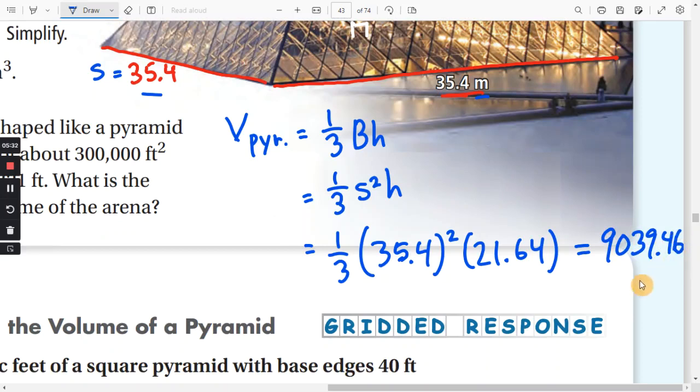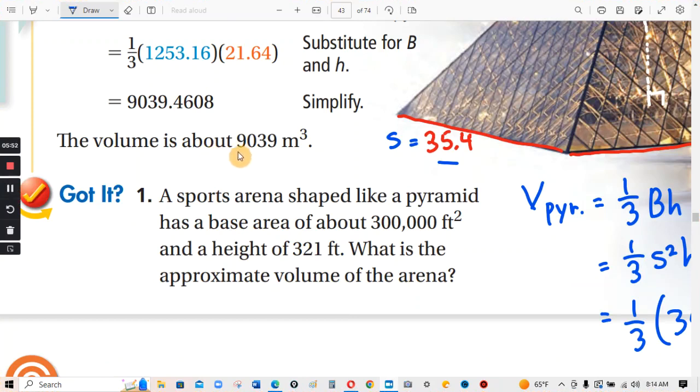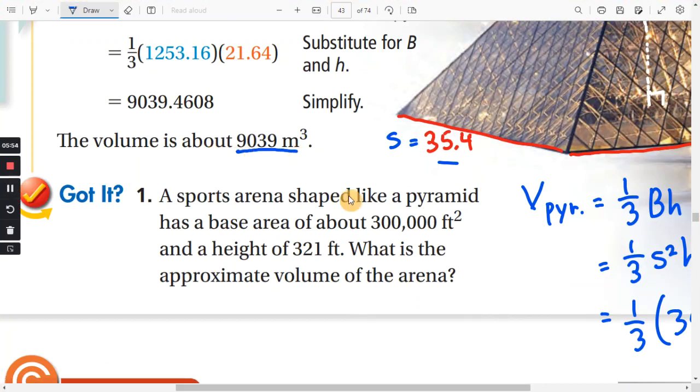And meters squared times meters is going to be meters cubed. For the volume, the units are going to be cubed, or to the third power. So 9,039.46. They got the same thing, but they rounded to the nearest whole number.